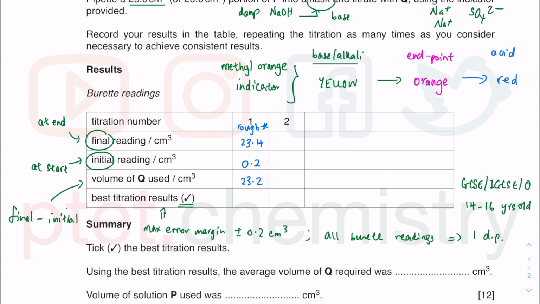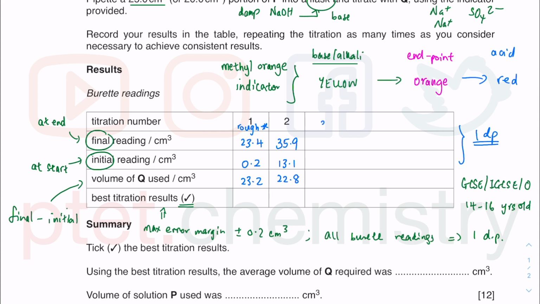Okay, so I started from 13.1, so I top up a little bit more and I got to 13.1 cm cube. Remember, one decimal place for all the readings, including 0.0 or 13.0, and I end up with 35.9. This came down to 22.8. You should really use your calculator to do this.